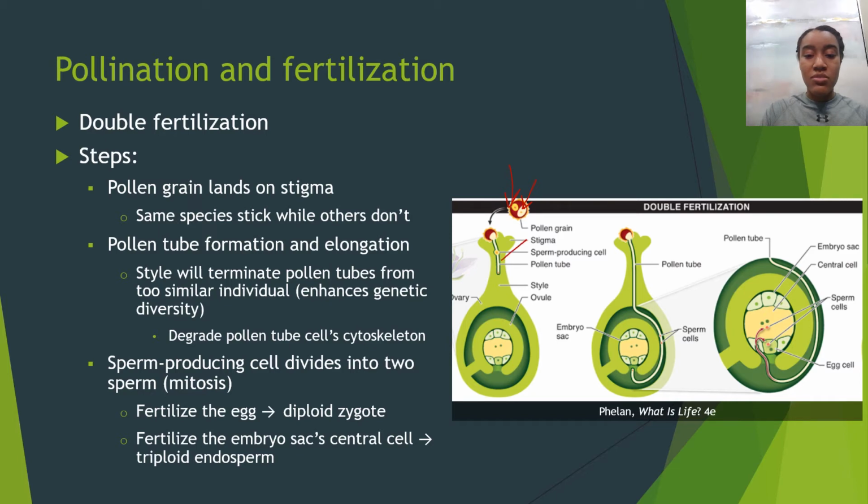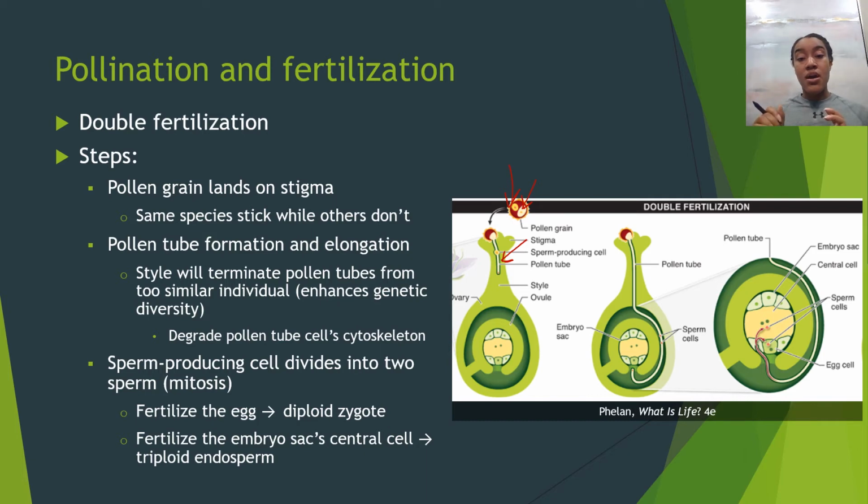This image here shows you the pollen tube extending from the stigma down the style, and as it's extending down the style, the cells within the ovary are checking to make sure that the genetic information that will come from this pollen grain is different enough from the plant that contains the ovary. So we want to enhance genetic diversity.